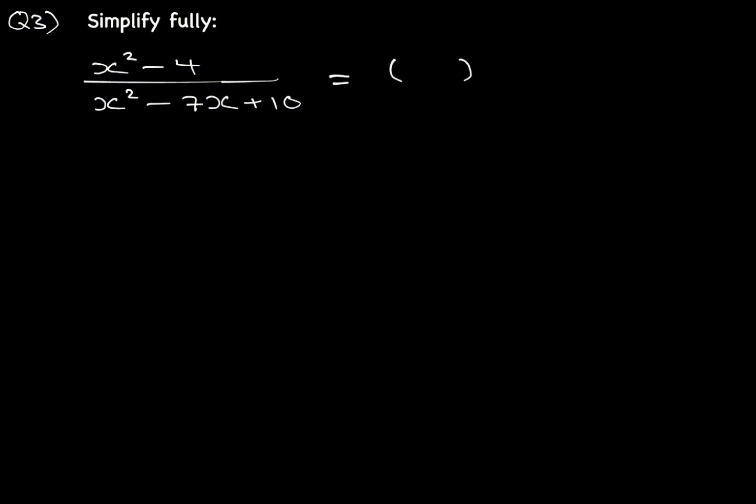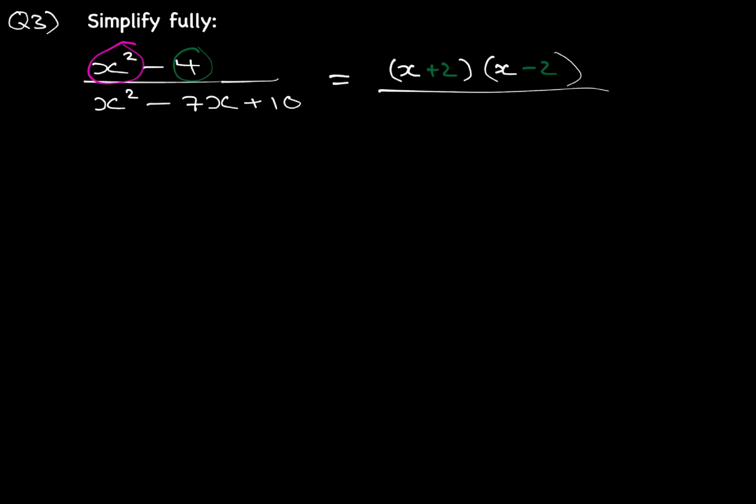So the double bracket is simply x squared square rooted, which is x, so put x in both brackets. What's 4 square rooted? Well, the answer is positive 2 and negative 2. So that's what my numerator will look like.